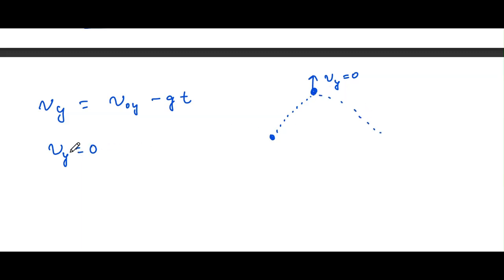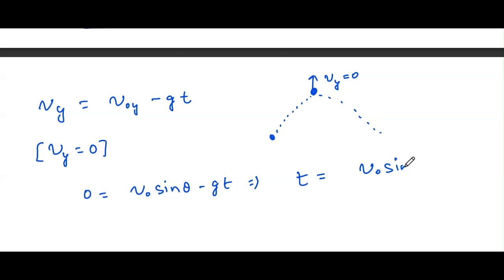So we can put this thing, and then we will have 0 equals v naught sin theta minus g t, and this t is now v naught sin theta by g. So this time will be the time of ascent, or we can say time of maximum height, whatever you want to call it.